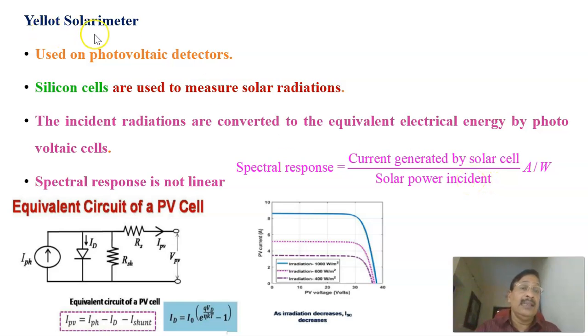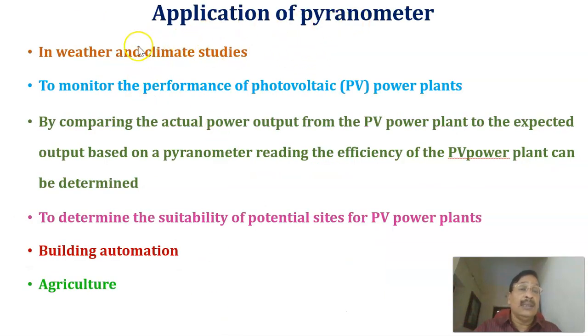That is the second one, called the solarimeter, which basically uses a photovoltaic cell to sense the radiation. A pyranometer can be used for different applications, like weather and climate studies, and to monitor the performance of photovoltaic power plants by comparing the actual power output from the PV power plant to the expected output based on the pyranometer reading, so that the efficiency of the PV power plant can be determined.